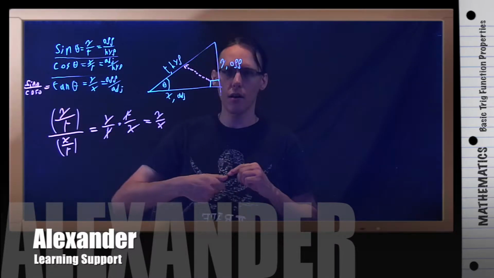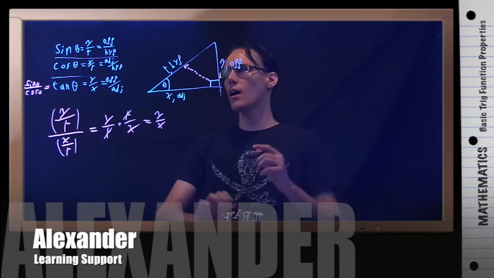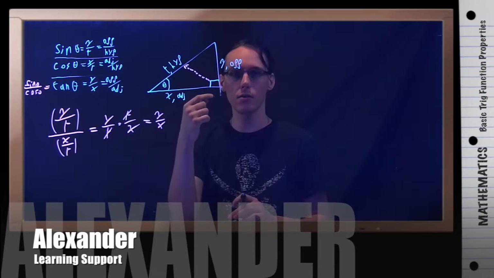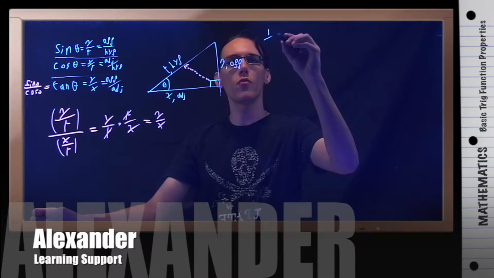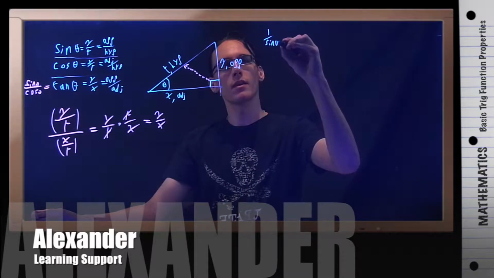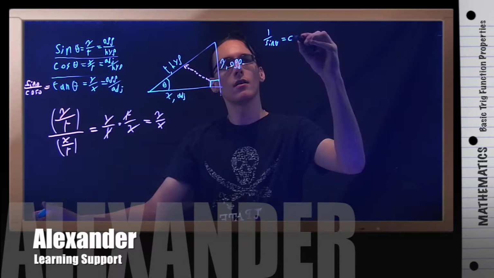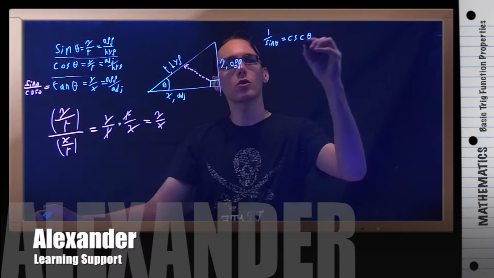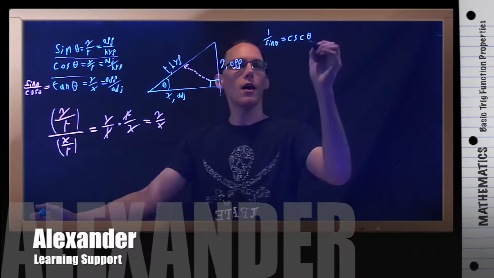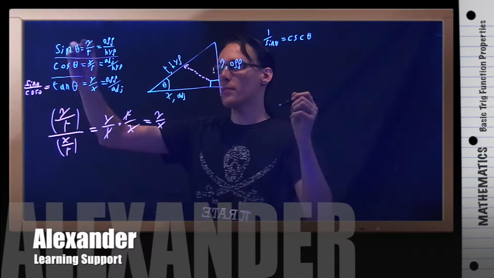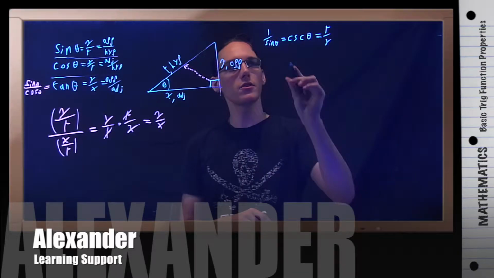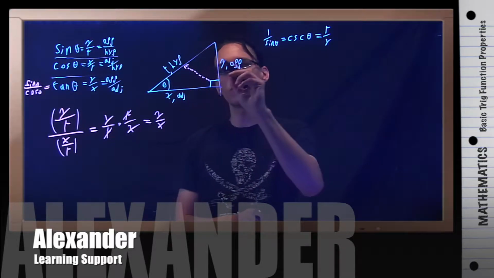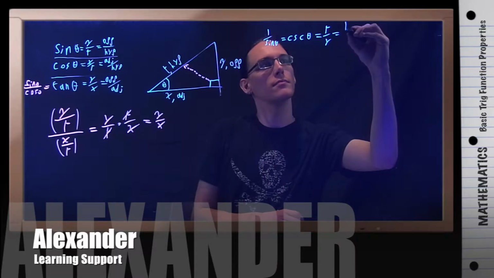I will mention that there are three others that are just the reciprocals of these. Reciprocal meaning 1 over. So 1 over sine is defined to be CSC, and it's pronounced cosecant. And really, you would just flip this fraction. So this would be r over y, or in other words, the hypotenuse over the opposite side.